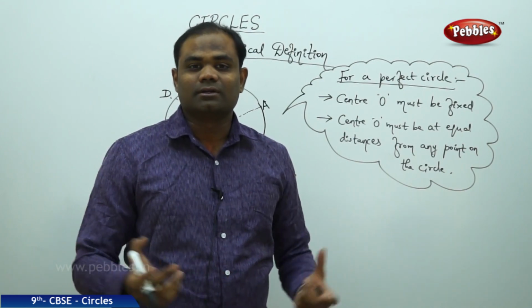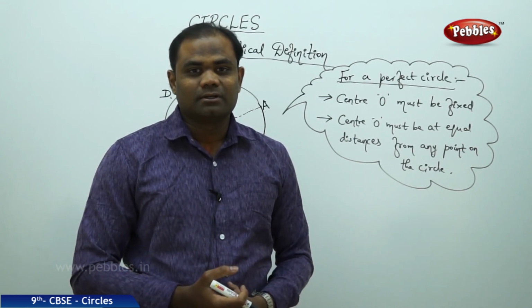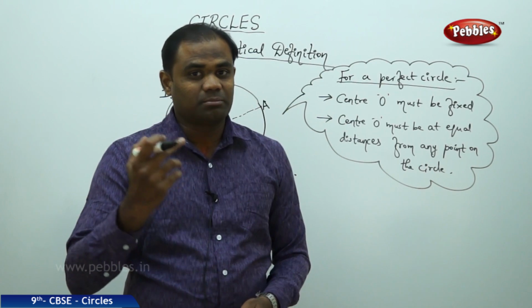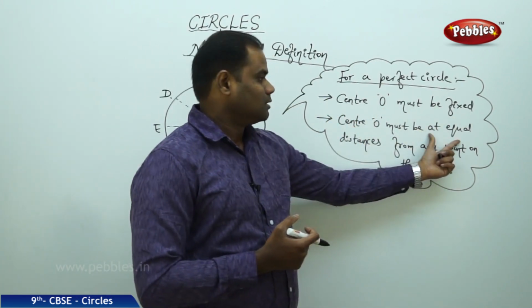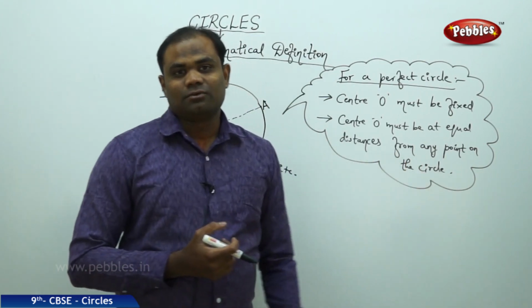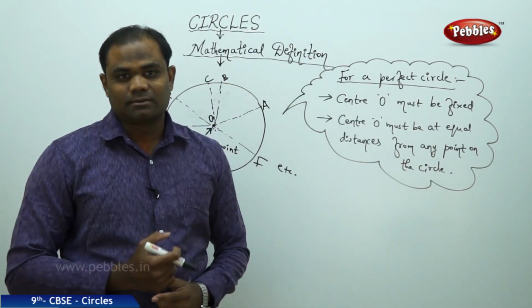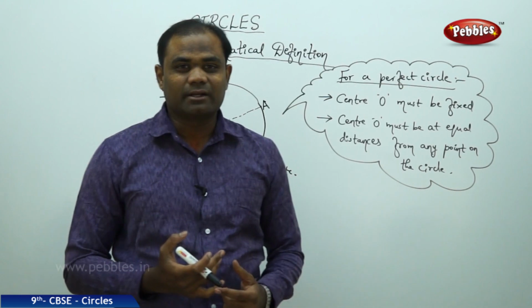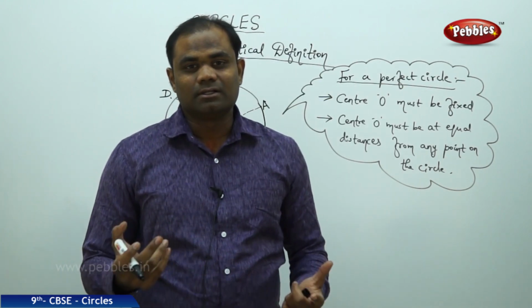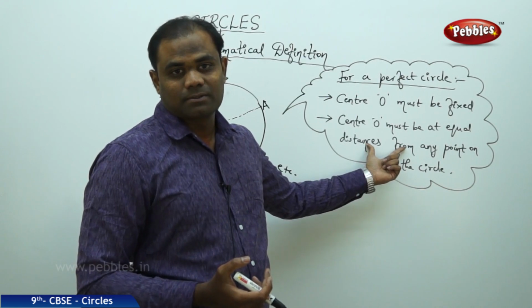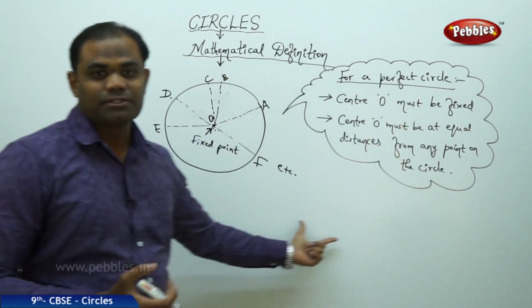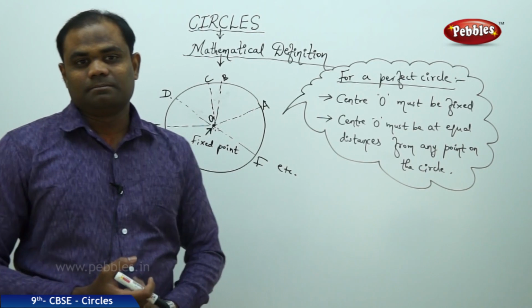It is not a circle. Mathematically, a circle has two basic properties: center fixed and center at equal distances from the points on the circle. It's how we understand the circle derived from these two basic properties. The mathematical definition of a circle.